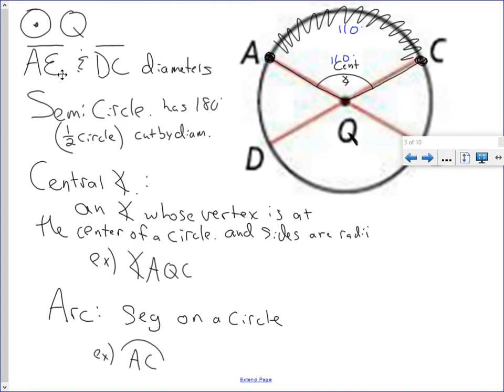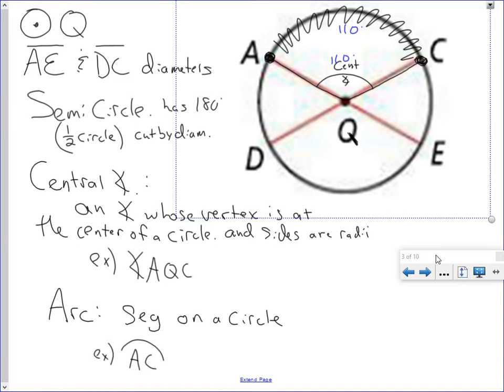If AE is the diameter, how much is left for that angle there for CQ? 70, which means arc CE is how much? 70. Hey, aren't these vertical angles? Exactly.